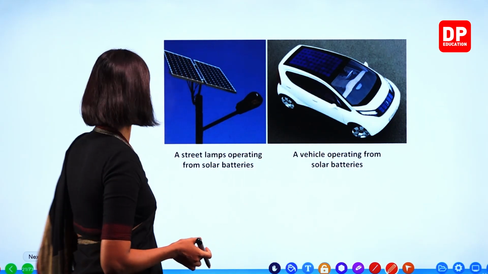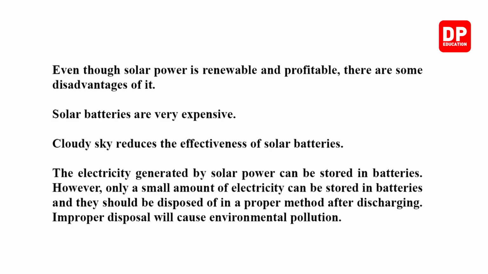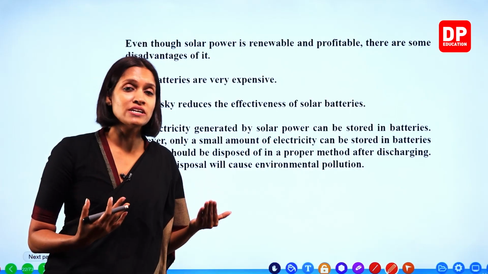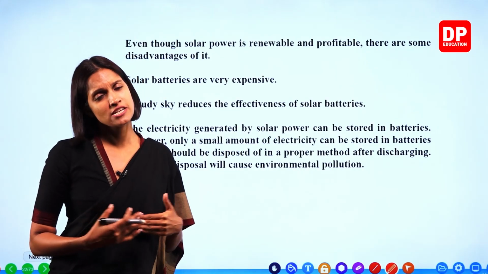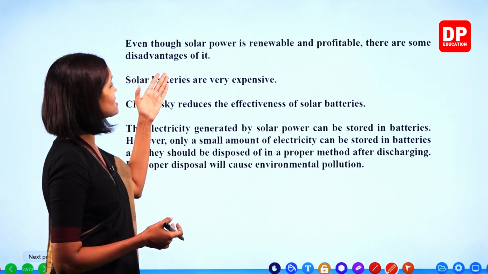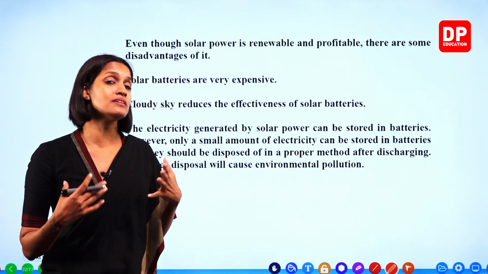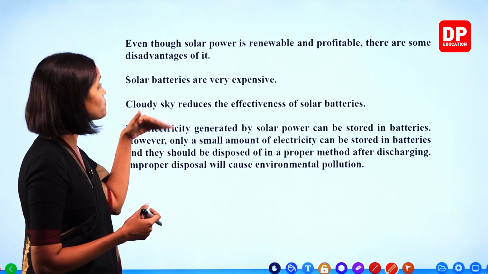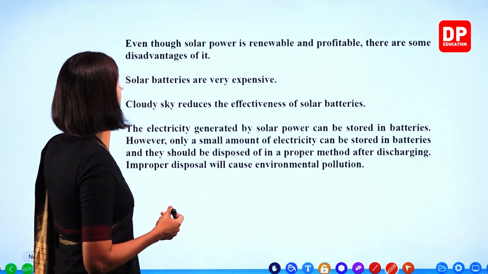Right, children? Okay. So when you consider solar energy, there are many advantages, but there are disadvantages as well. So we'll go through them. Even though solar power is renewable, meaning readily available, and profitable, there are some disadvantages.